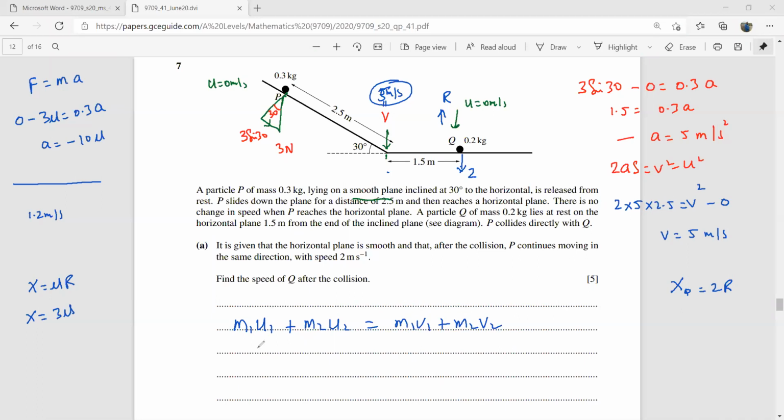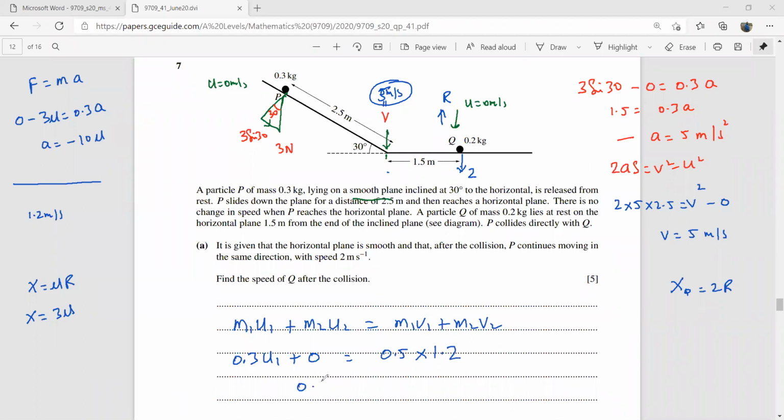Let's assume that when it hits Q, its speed is u1. So this is 0.3 u1, and this one is going to be 0 here, and they coalesce. Their collective mass is 0.5, and they are moving away with the speed 1.2.